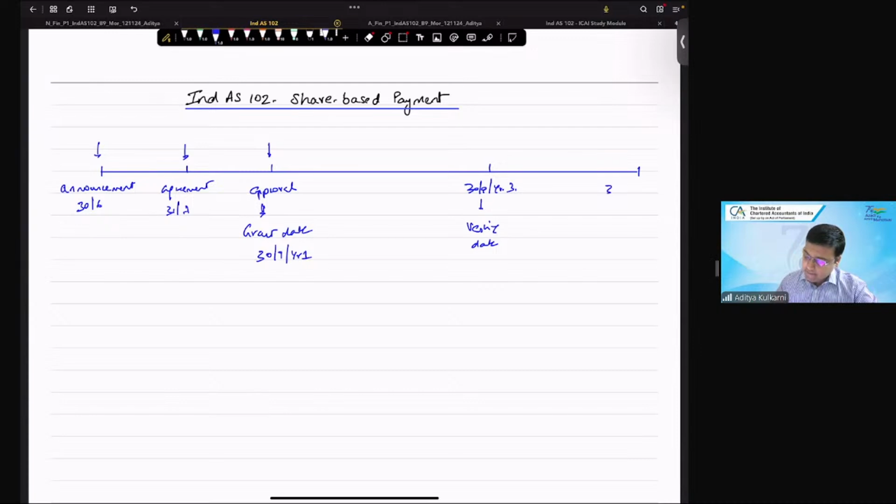So 30th September, year four, this becomes your exercise period. So to answer Hemant's question, 30th September, year one, is the grant date. On 30th September, year three, you have fulfilled the conditions. This becomes the vesting date. And the exercise period is 1 year from the end of the vesting date. Are we okay with this?